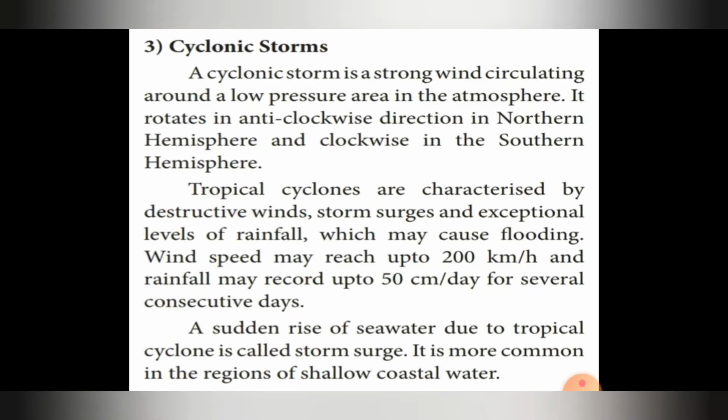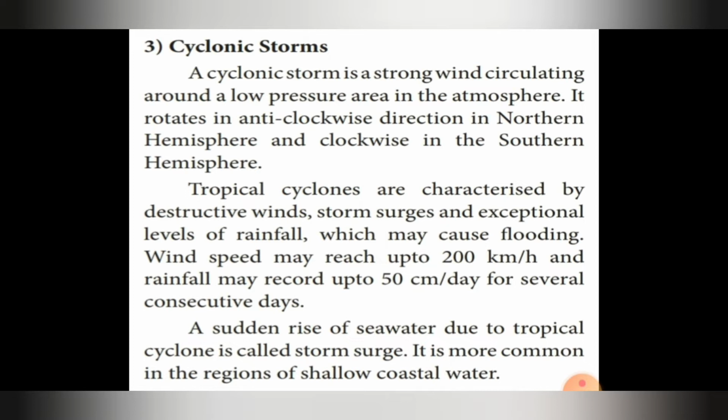Okay. Next is cyclonic storm. A cyclonic storm is a strong wind circulating around a low pressure area in the atmosphere. It rotates in anti-clockwise direction in the northern hemisphere and clockwise in the southern hemisphere. Tropical cyclones are characterized by destructive winds, storm surges, and exceptional levels of rainfall, which may cause flooding.